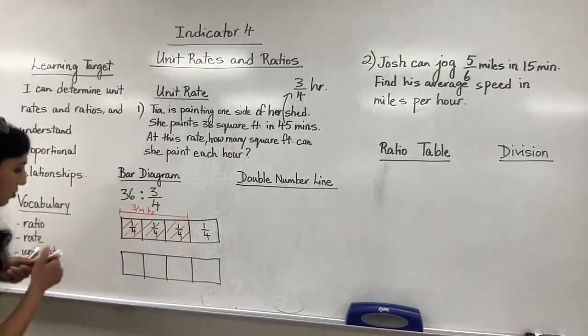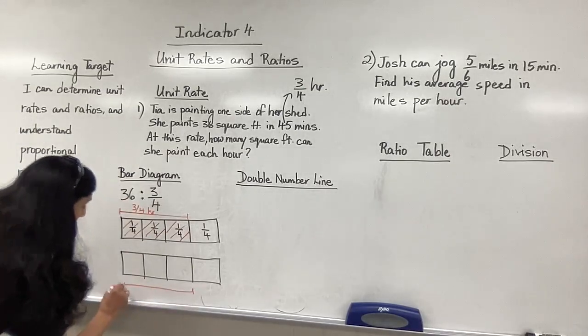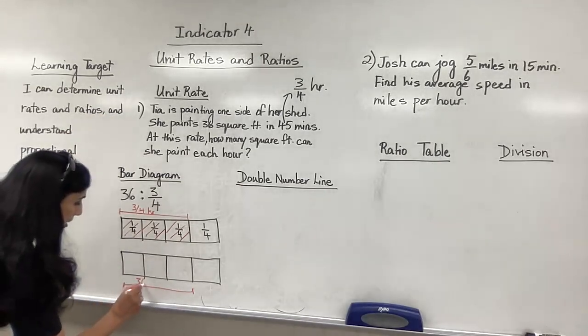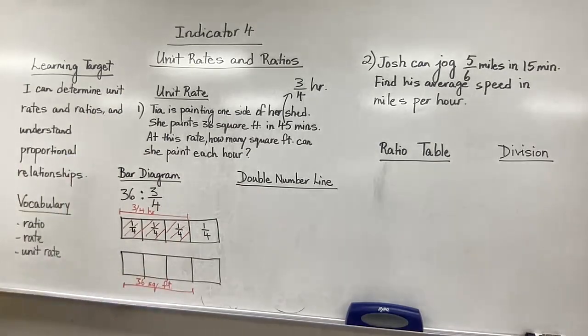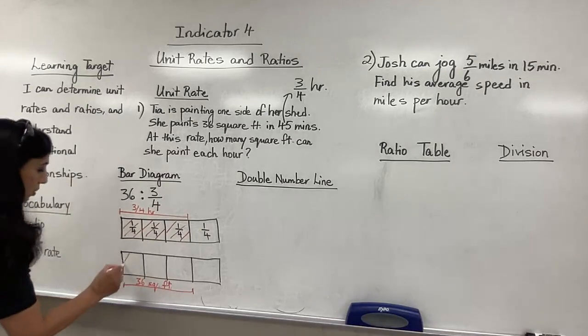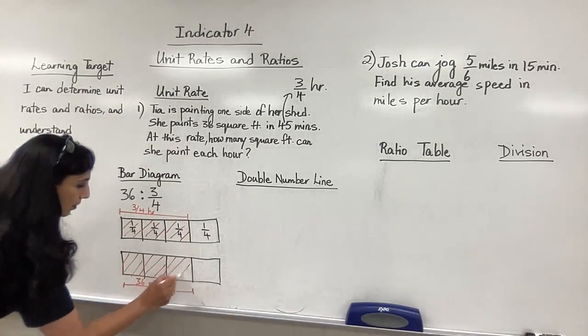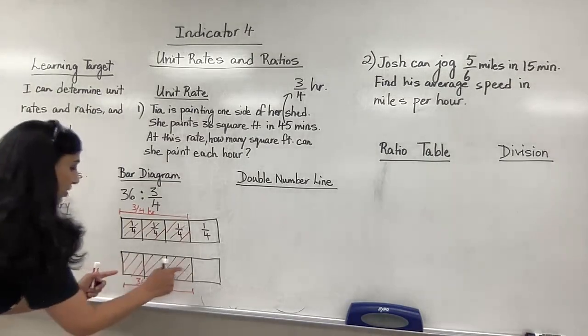3/4 is 36, right? So this much is your 36 square feet. I'm just going to do this so you can see, because if that much is 36 square feet, that basically means what? 36 divided by 3 sections.